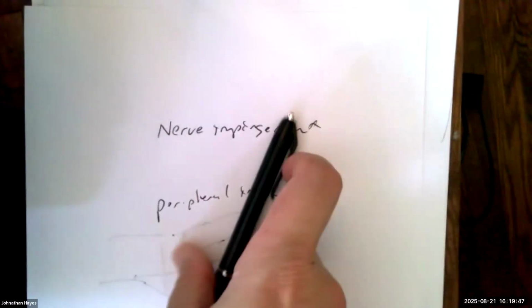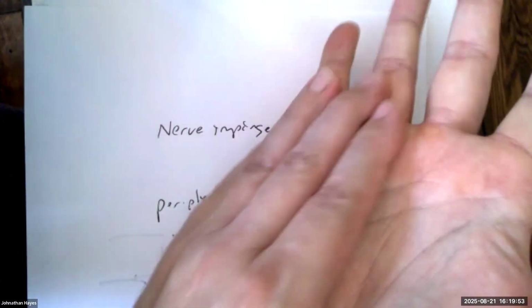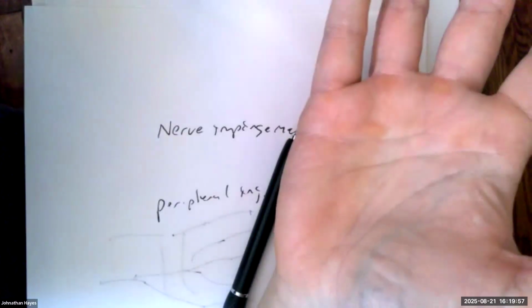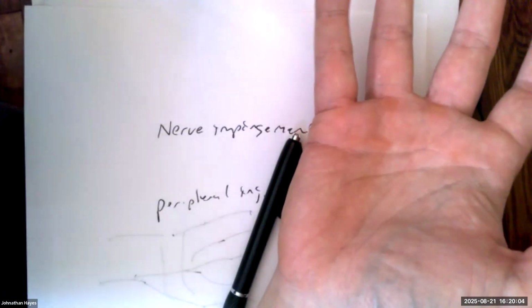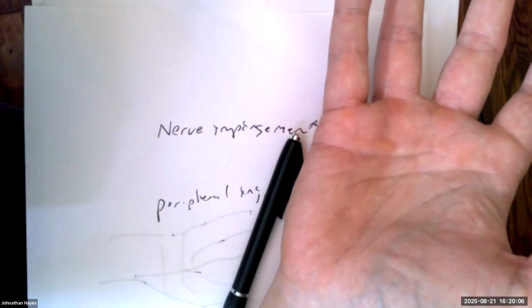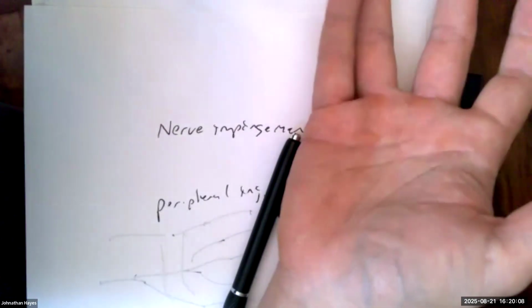Let's say a person came in and they experienced a problem here, like this part of my hand and maybe this part of my wrist. Well, that could be one of two things. That could be the ulnar nerve, or maybe that could be my C8 nerve root, right?